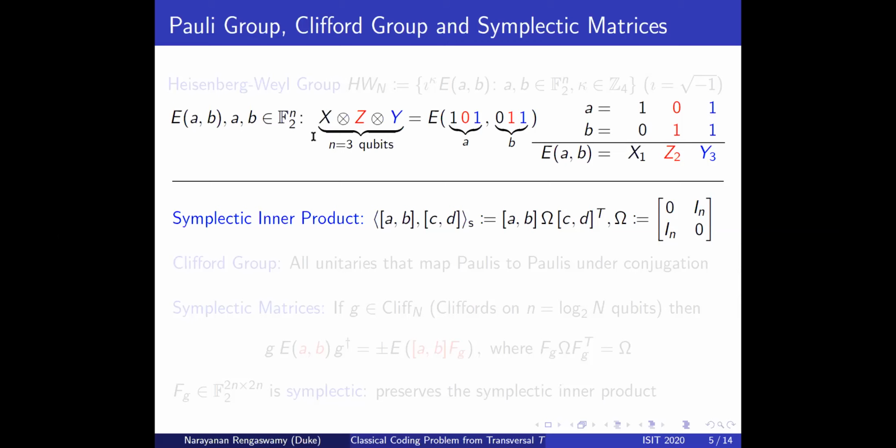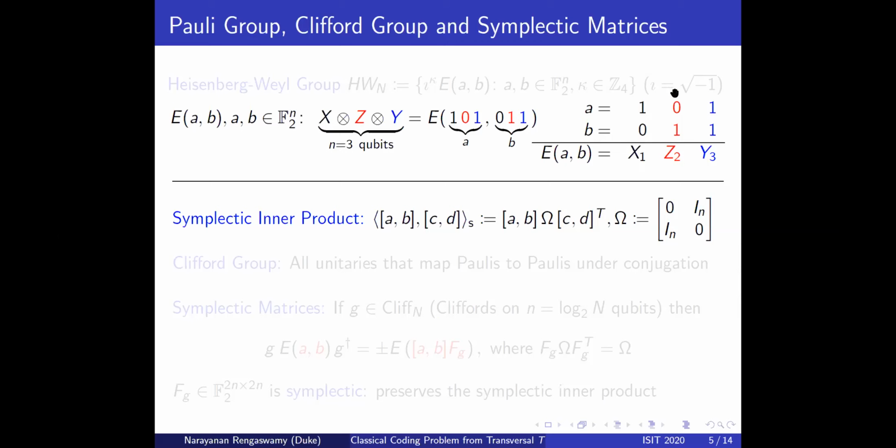Now, because you only have four types of Pauli matrices, I, X, Z, and Y, you can use this shorthand notation of two binary vectors A and B on n qubits. So here is an example for 3 qubits. Now, when I write 1, 0, 1 on the top, so for A, and then B is 0, 1, 1, you look at qubit by qubit. So the first qubit, only A is 1, which means you're only applying X on the first qubit.